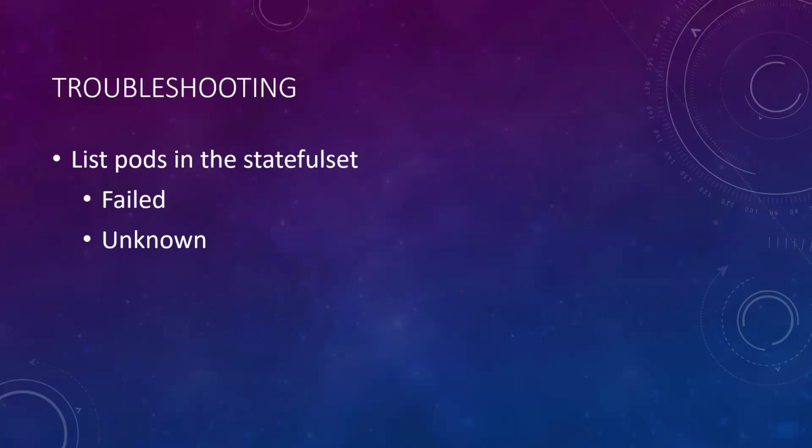Or if you see unknown, unknown happens commonly when there is no communication between the nodes and the scheduler. Let's assume you have deployed your pod and it's not showing any details, in the sense it's not communicating to the master node. The master is not getting any update from the kubelet or the selected node.